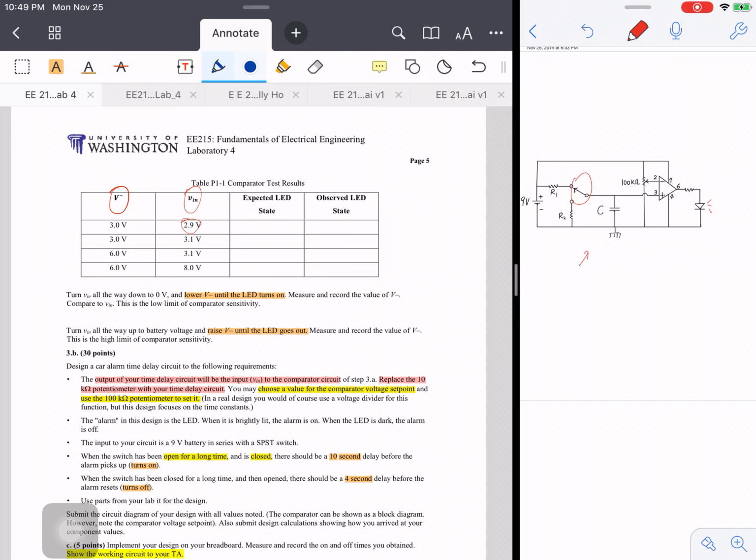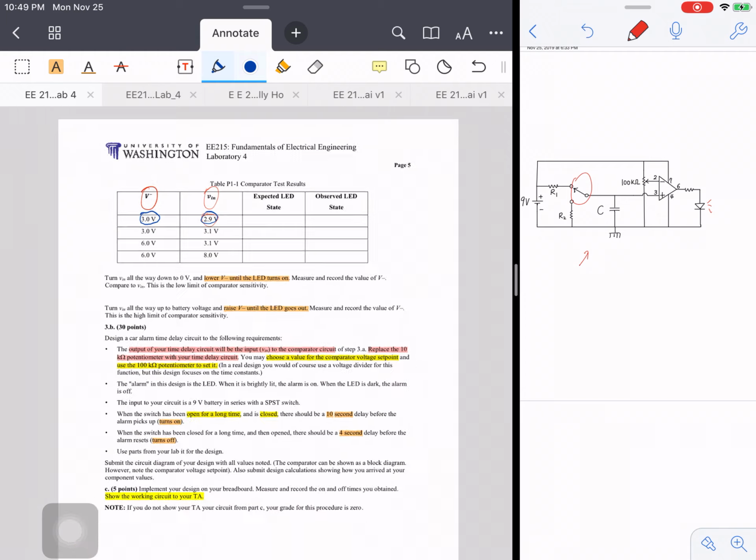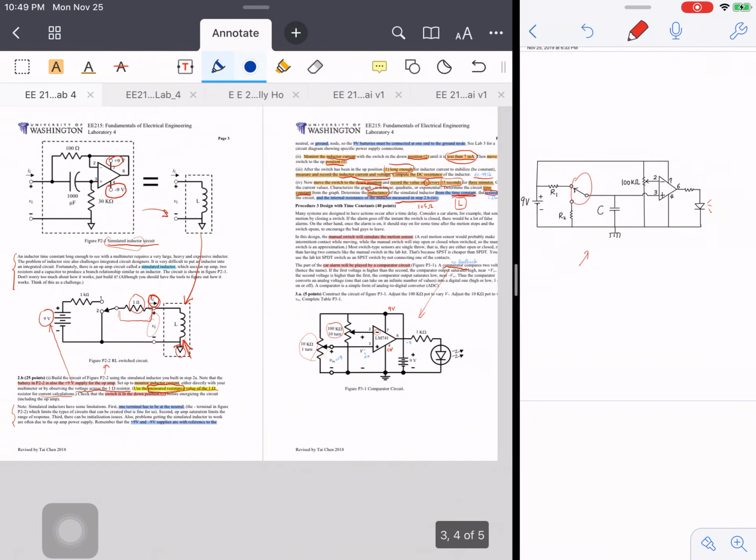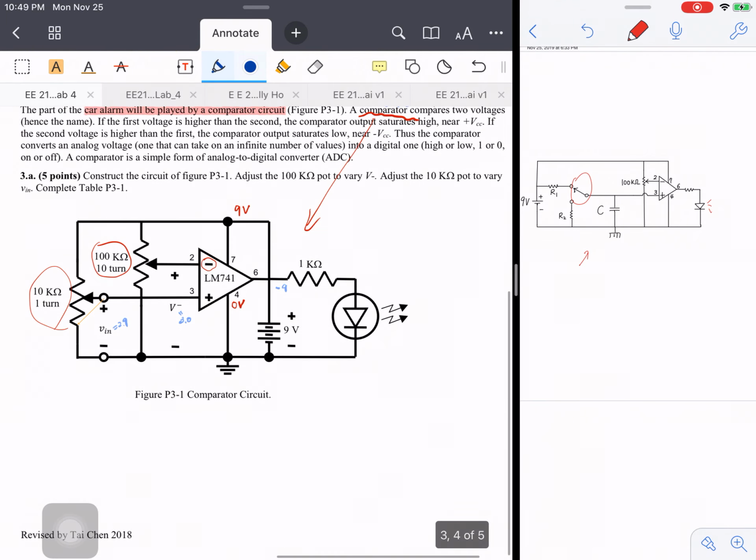So if V minus is 3 volts and V in is 2.9 volts, what happened? This is V in, and this is V minus. So this means that V minus is greater than V in, because this is equal to 3, this is equal to 2.9 volts.